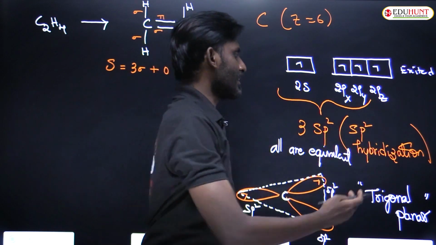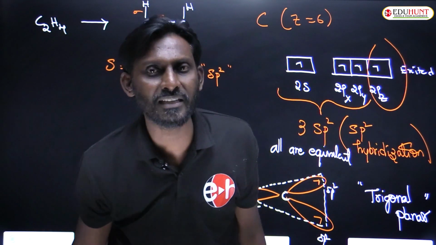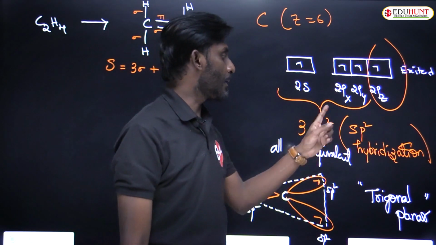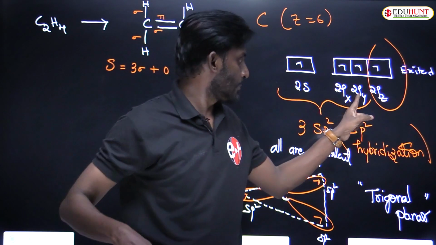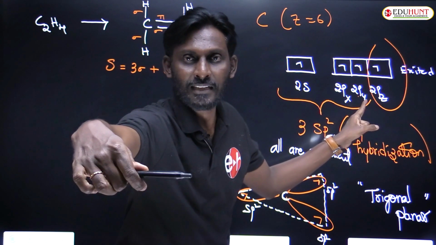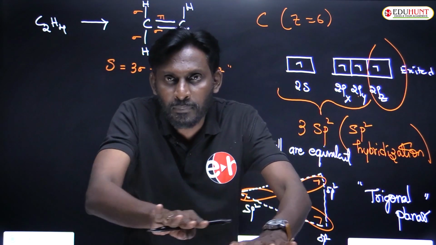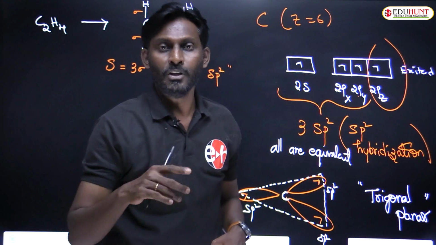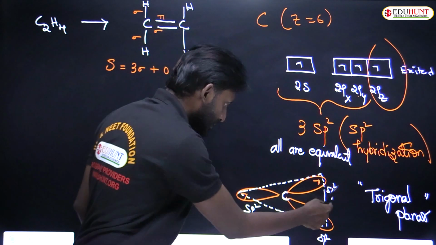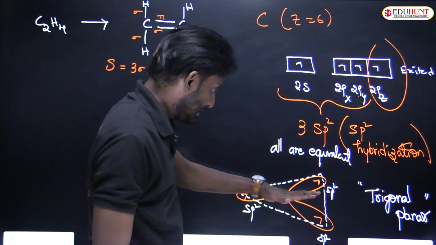So this remained free. This is not participating in hybridization. So only the p orbital on the x-axis and the p orbital on the y-axis, both the p orbitals present in the xy plane, are intermixing. So after intermixing also, these 3 will be in the xy plane only. So this is the xy plane.